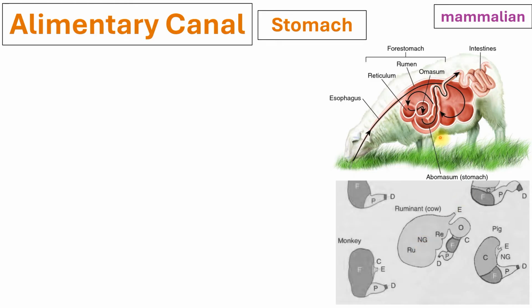Food will go into the rumen first before it goes to the reticulum and finally into the omasum before it goes into the abomasum, where the glandular part is present.